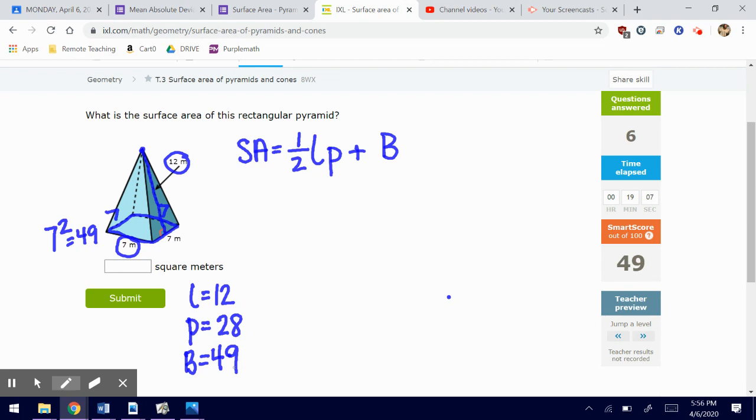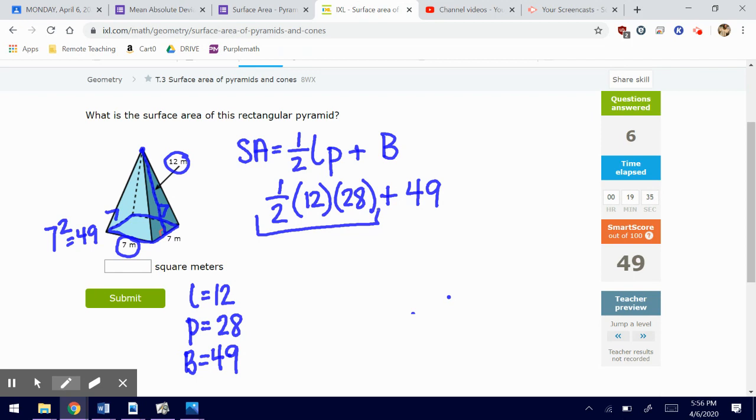So now I have all my numbers. I just plug them in. Bring down my 1/2. My L is 12. My P is 28. Bring down the plus. My capital B is 49. I'm going to do this part first. So I'm typing this in the calculator.